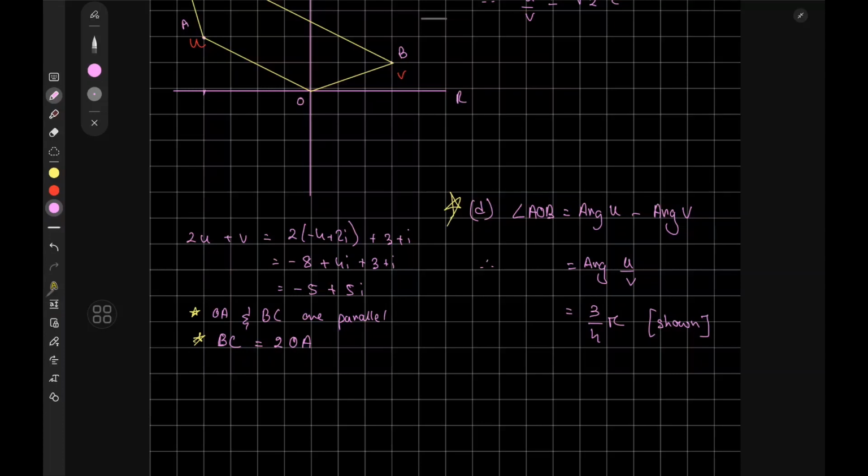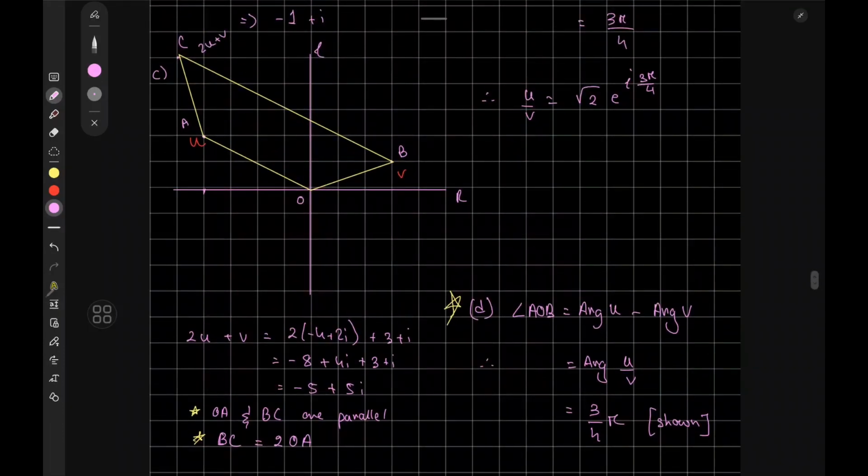The second mark comes where you're going to notice that OA is going to have half the length of BC. How do you figure that out? This is taking 4 boxes. This is taking 1, 2, 3, 4, 5, 6, 7, 8. This is taking 8 boxes.